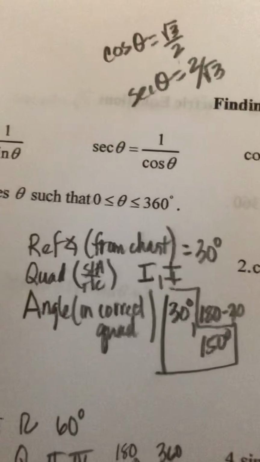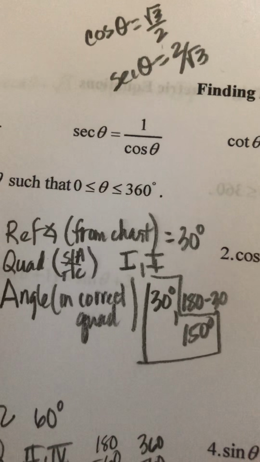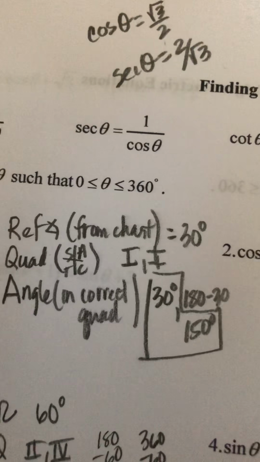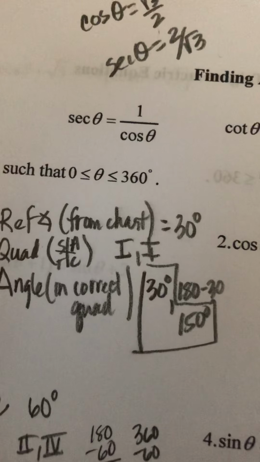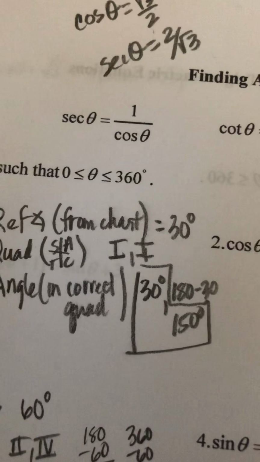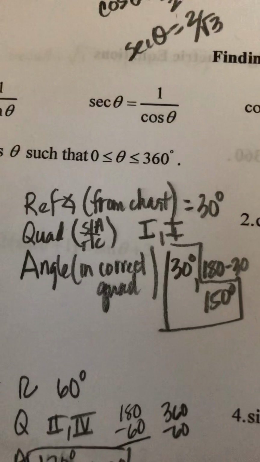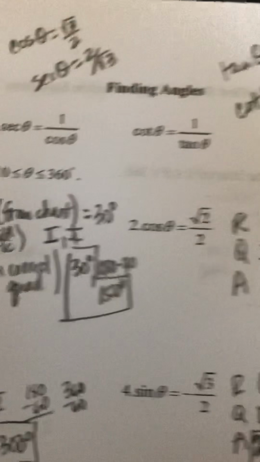So I take that reference angle and put it in the correct quadrant. Now if it's quadrant 1, the work's already done. Your reference angle is the angle in quadrant 1. In quadrant 2, we do 180 minus that reference angle, and we get 150. So our answers for number 1 are 30 degrees and 150 degrees.